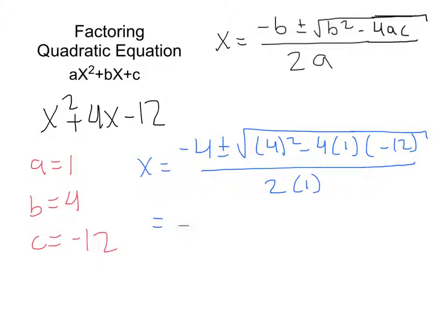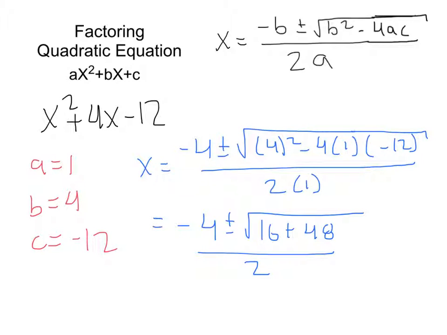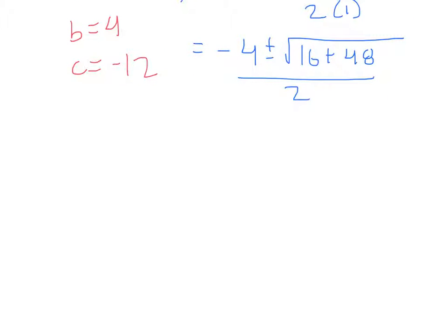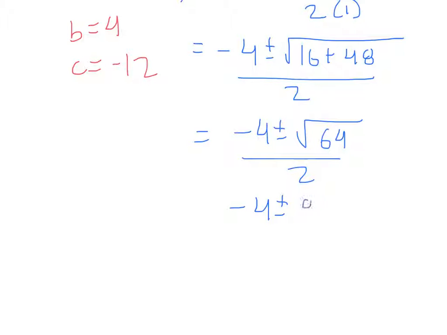So still x equals, and I'm just going to continue working through this. We'll skip over these steps in the next examples, but just to start with, that's going to equal negative 4 plus or minus the square root of 64 over 2. We can take the square root of 64, which is going to leave us with 8.